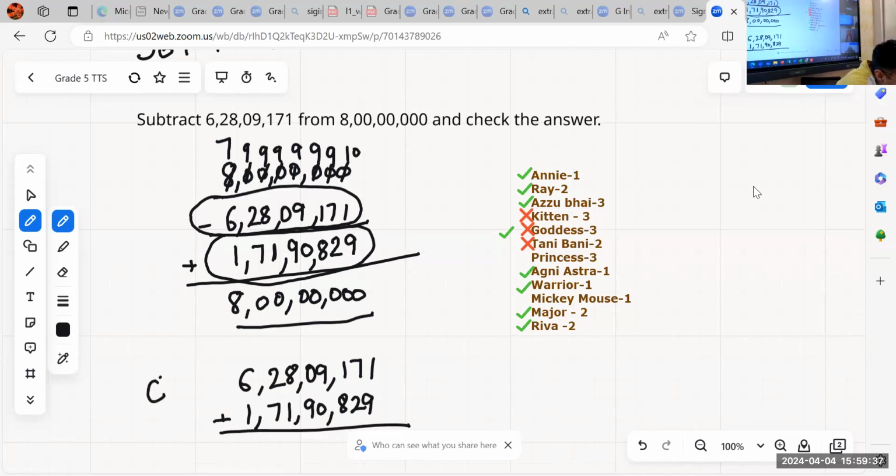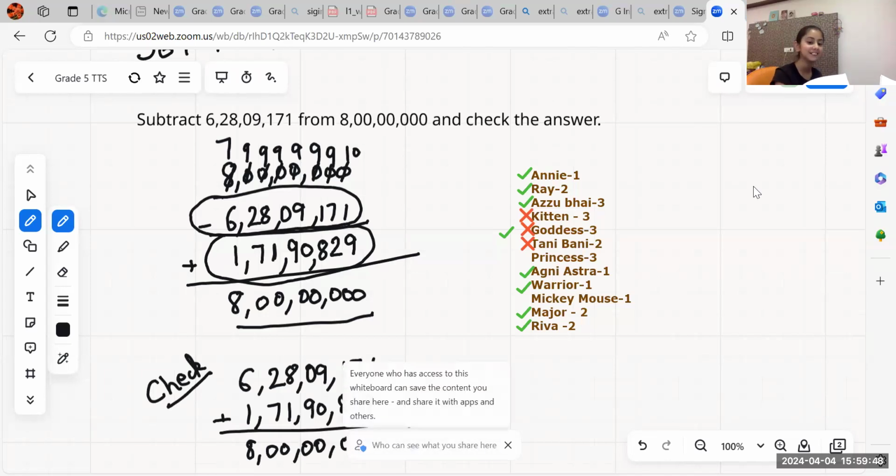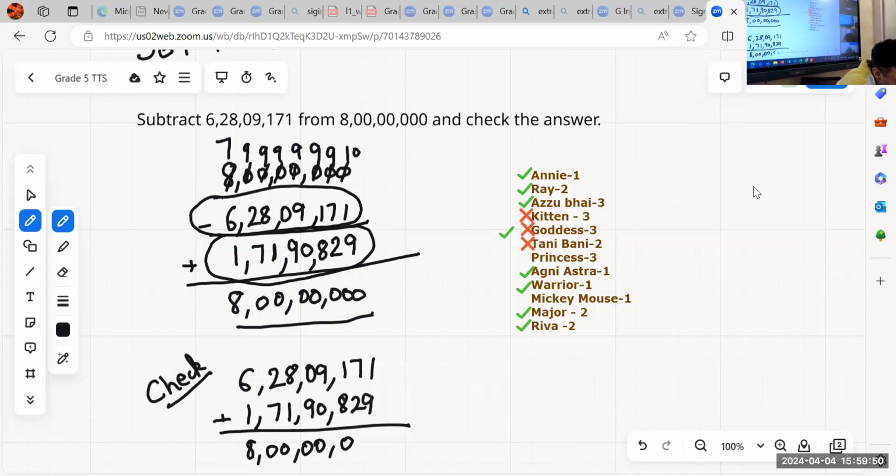You can write check also. This is check. Please write check like any set. Sir, we write it in school. Okay, so you write check like any set.